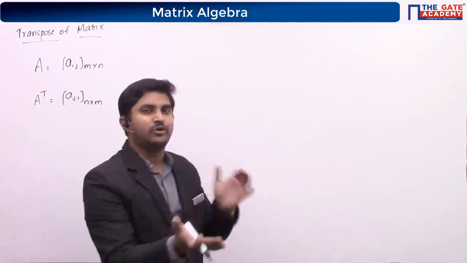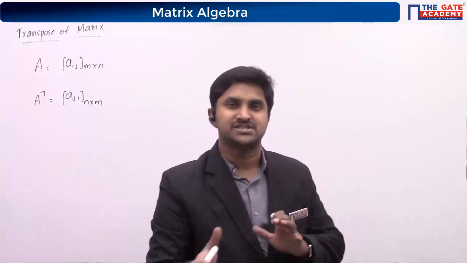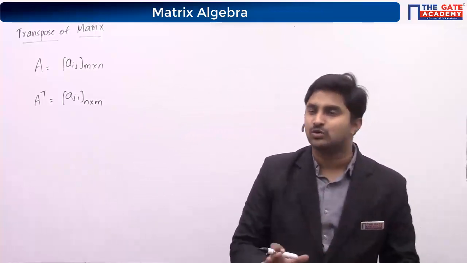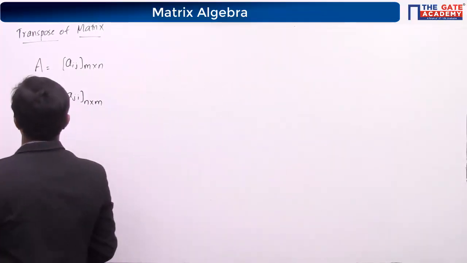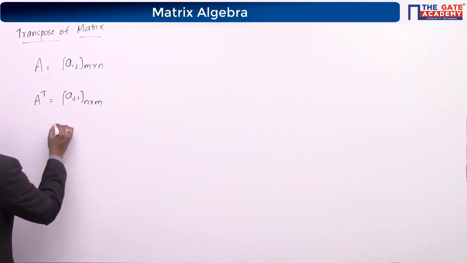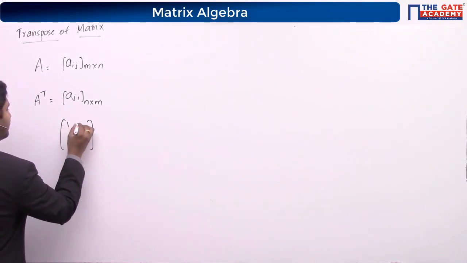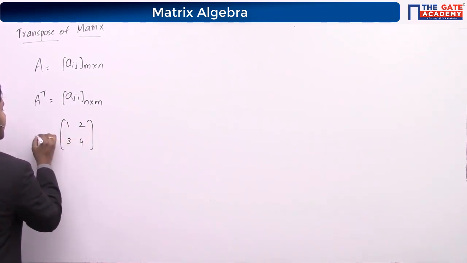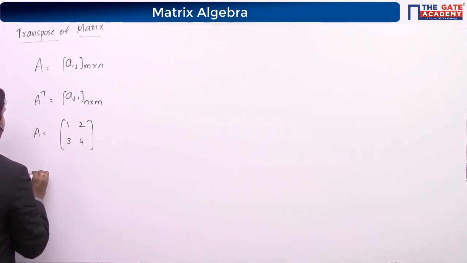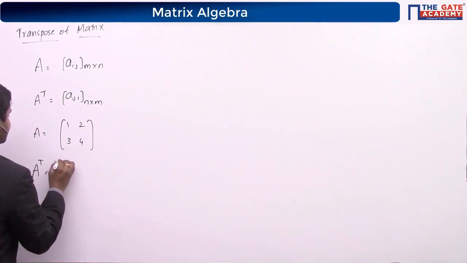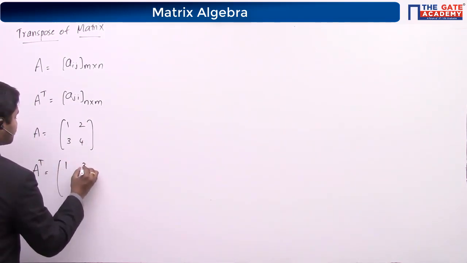It means that it is going to interchange the rows and columns. So if I have a 2 by 2 matrix, 1, 2, 3, 4, if this is my matrix A, then A transpose is going to be equal to 1, 3, 2, 4.